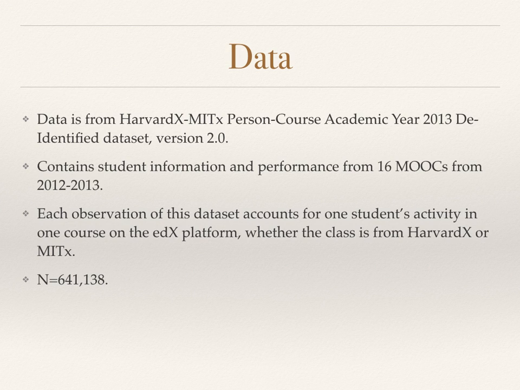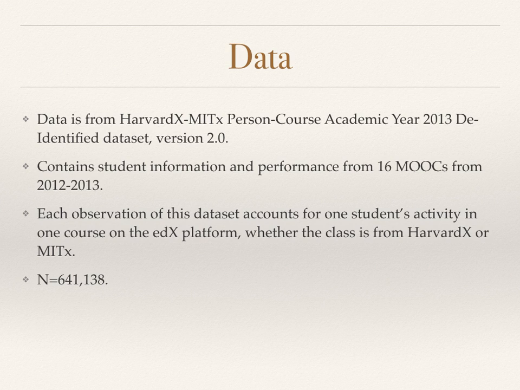Well, to get this, I took data from the Harvard X MIT X Person Course Academic Year de-identified dataset. The dataset has a long name, but it was pretty helpful because it had student information and performance from a total of 16 different MOOCs from the academic year 2012 to 2013.